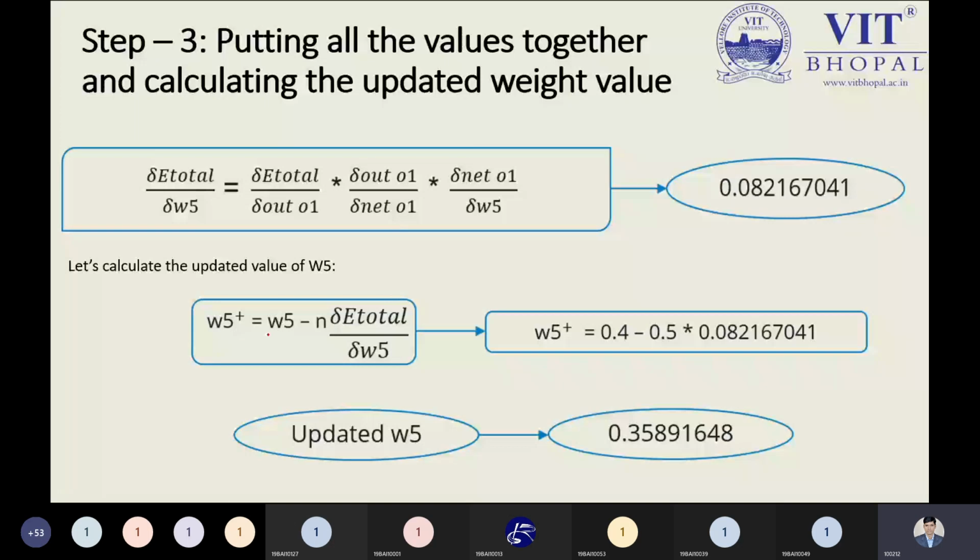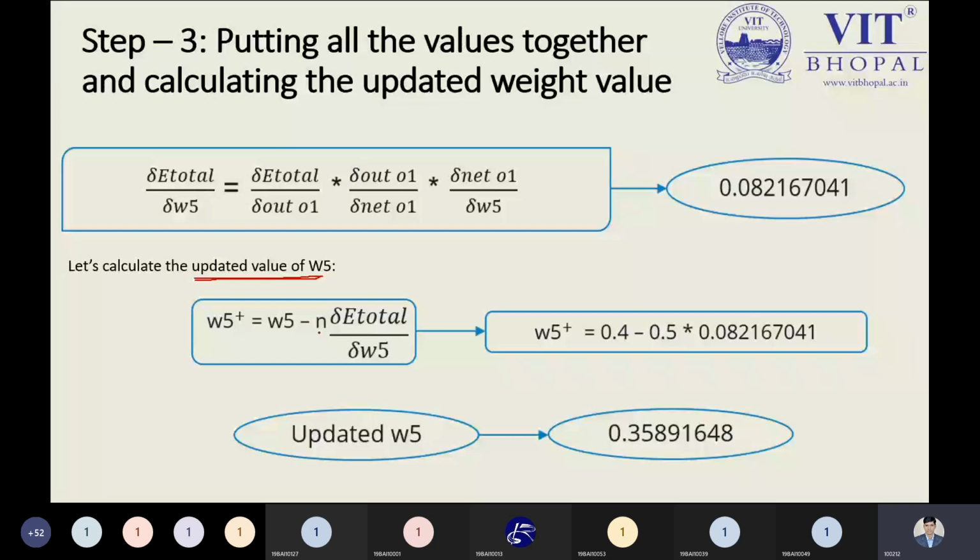The values of our weight will be updated by this formula: the old weight minus n multiplied by the partial derivative of E total with respect to W5.